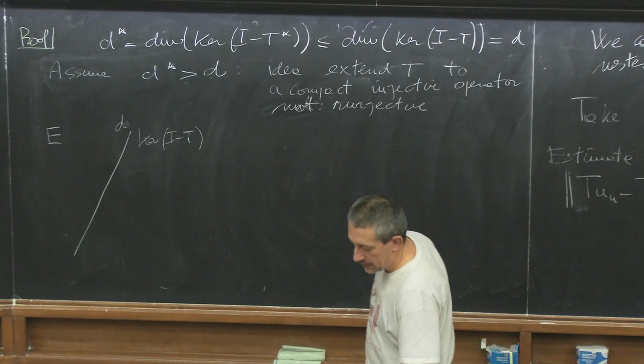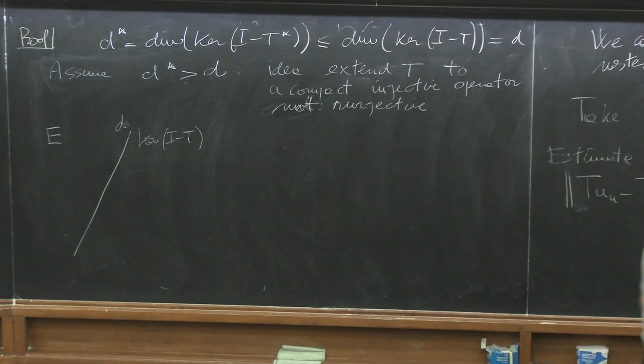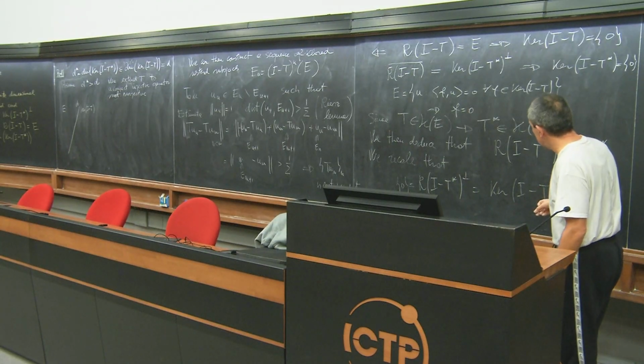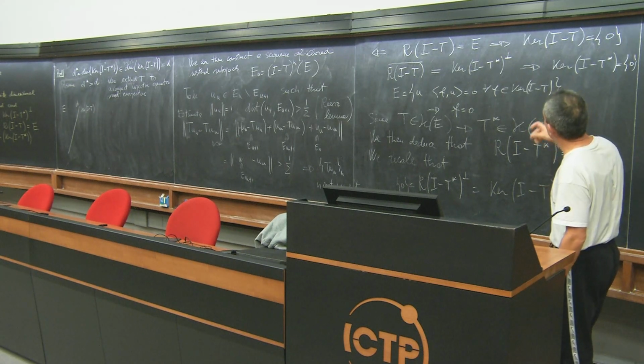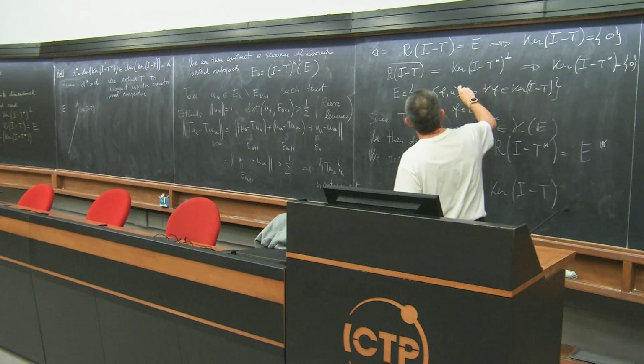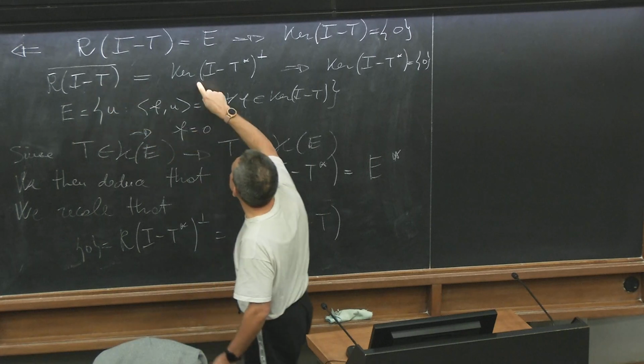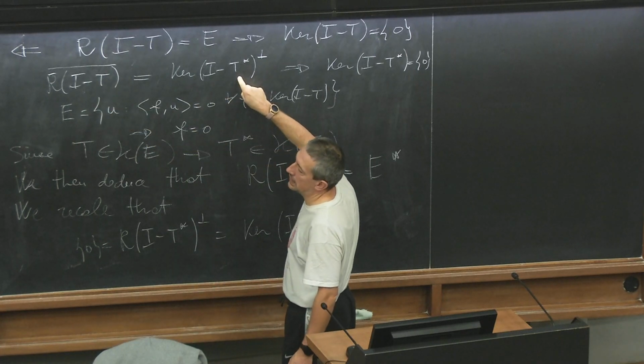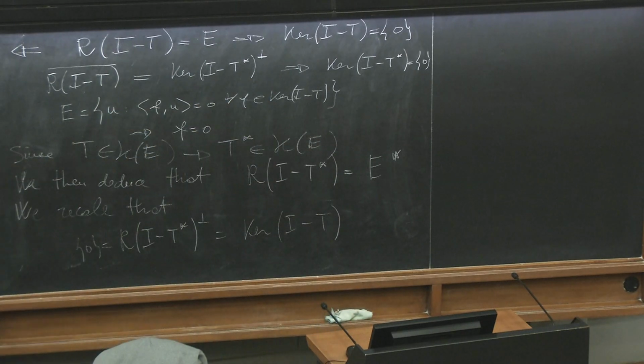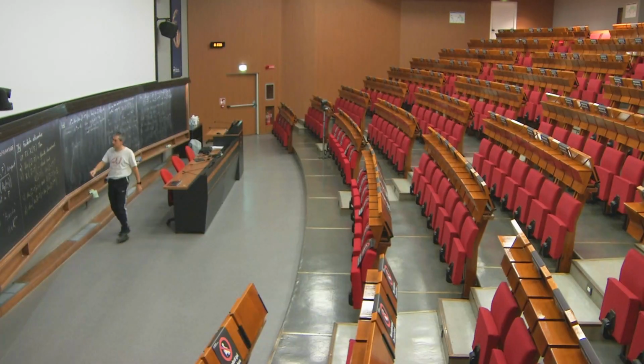Now I'm using something I just wrote here. So the range of identity minus T star is the kernel, sorry, I'm using this here. So let's say this is the range.